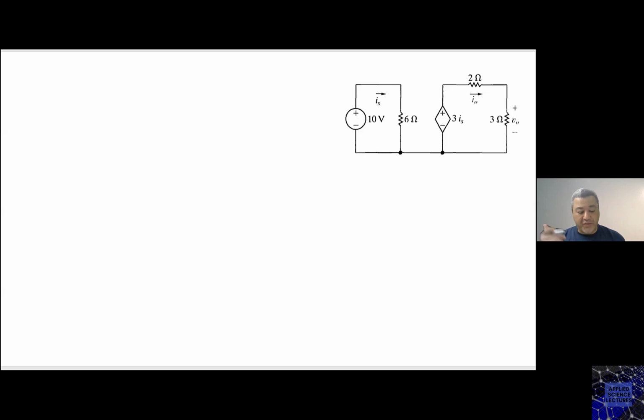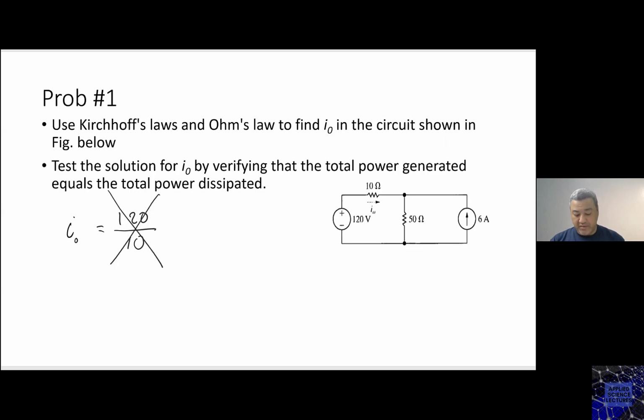Right? But in the previous question, this 120 volt is not across the 10 ohm. Yes, it is connected to the 10 ohm from this side, but it is not connected to the second terminal of the 10 ohm.